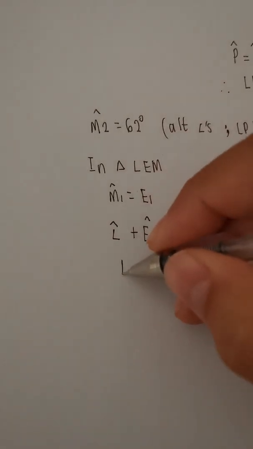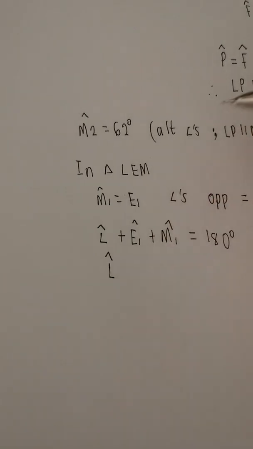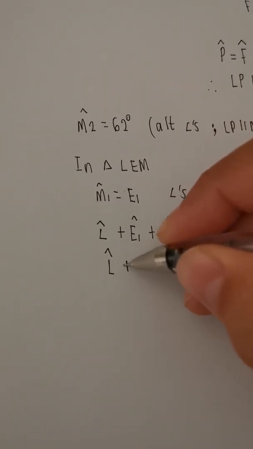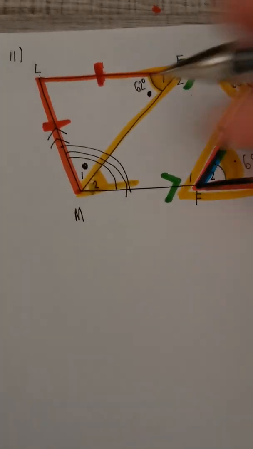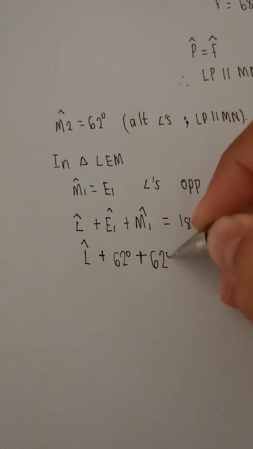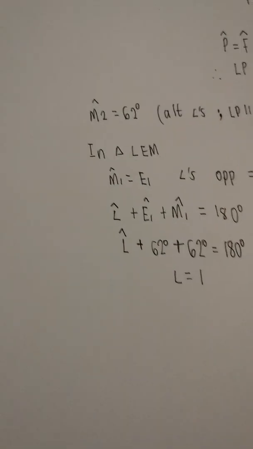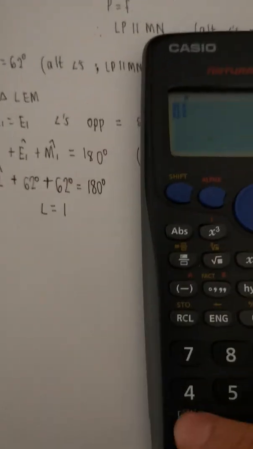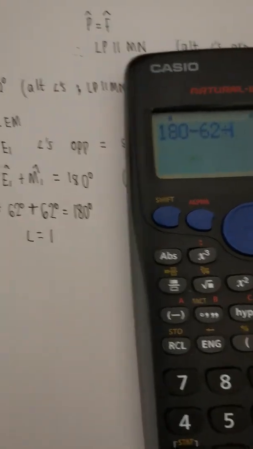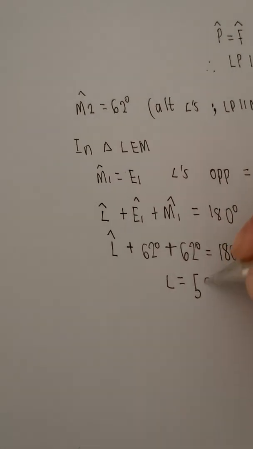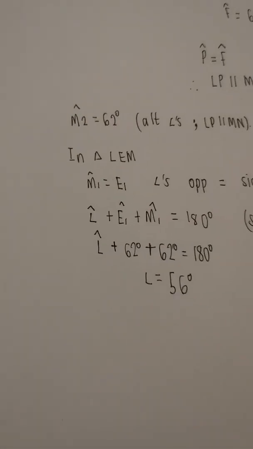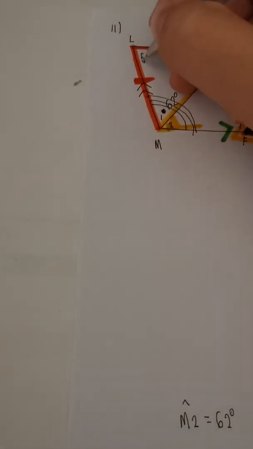Oh no, we're figuring it out. Sorry, lost my train of thought. Angle E1 is 62 degrees because they equal. 62 degrees, 62 degrees. Plus 62 degrees. I don't have to write the whole calculation, we can work it out. Okay, so this here is 56 degrees.